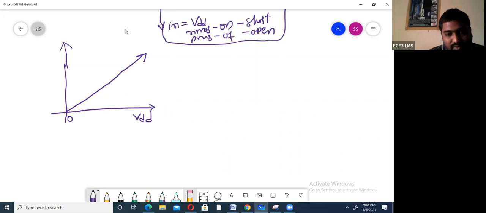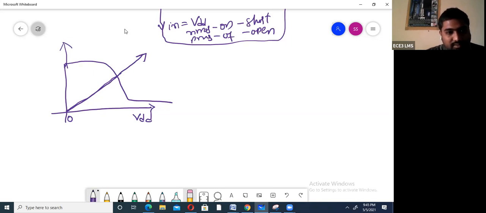If we sweep the x-axis with voltage from 0 to VDD, then the output you will get is like this for any inverter design. So for any inverter design, you will have 5 regions of operation.